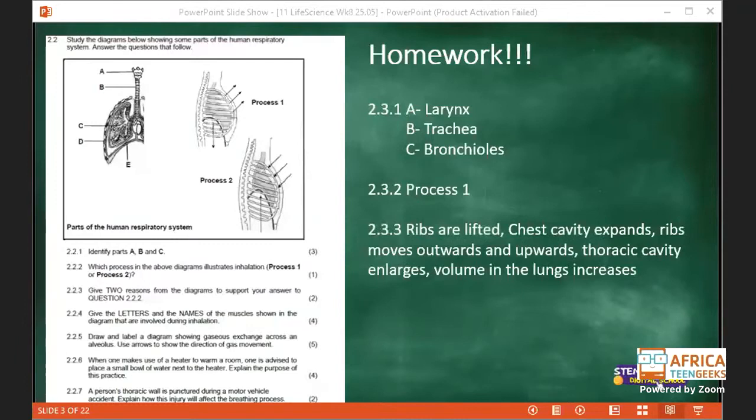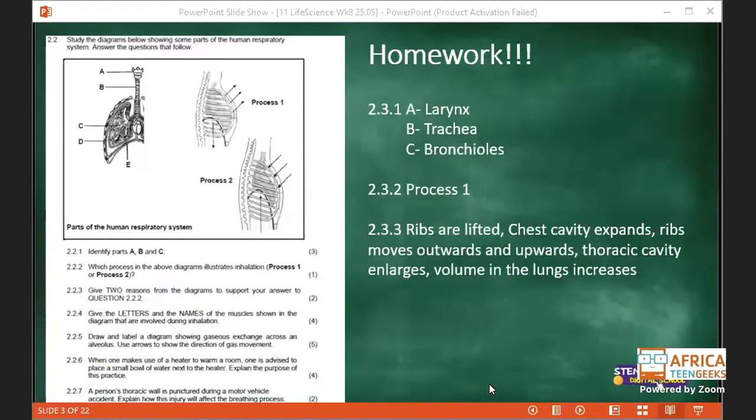Question 2.2.4. Give the letters and the names of the muscles shown in the diagram that are involved during inhalation. So we're looking at this particular diagram now.